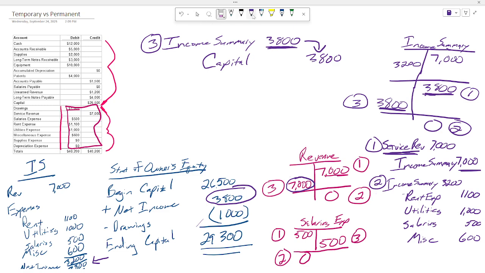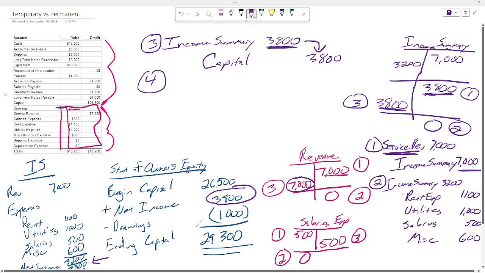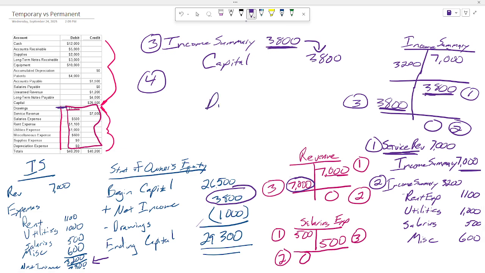The fourth step is resetting the drawings account. So we're at this step right now. We have $1,000 in the drawings account. If we looked at that account, we have a $1,000 debit. So how do we get rid of it? We have to credit the drawings account $1,000.